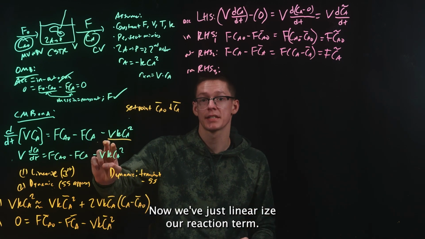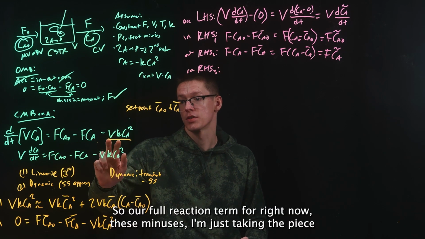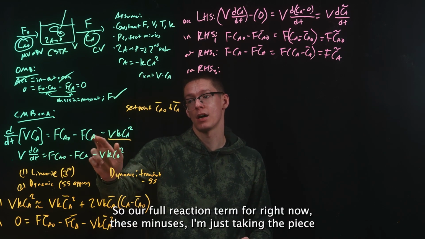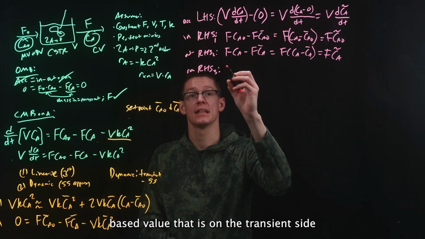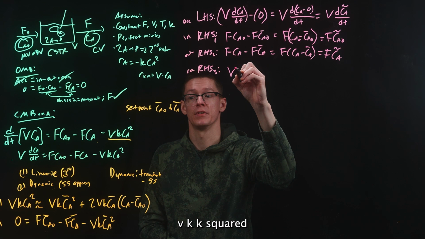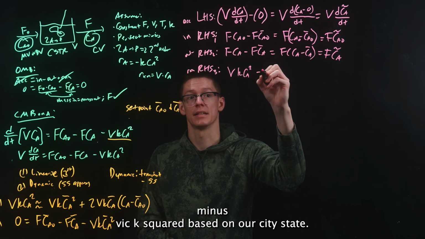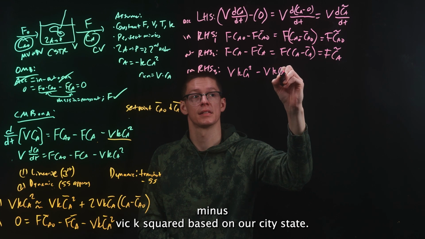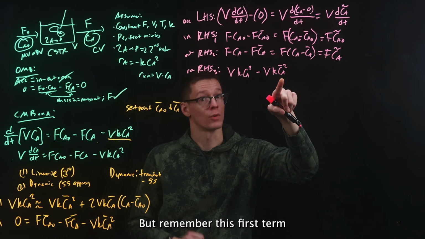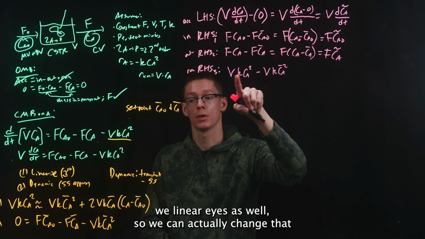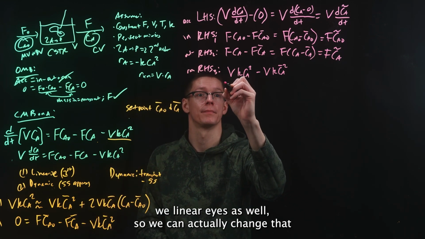Now we've just linearized our reaction term. Let's not forget that. So our full reaction term, for right now, these minuses, I'm just taking the piece base value. That is on the transient side, VK CA squared minus VK CA squared based on our steady state, right? But remember, this first term we linearized as well, so we can actually change that.